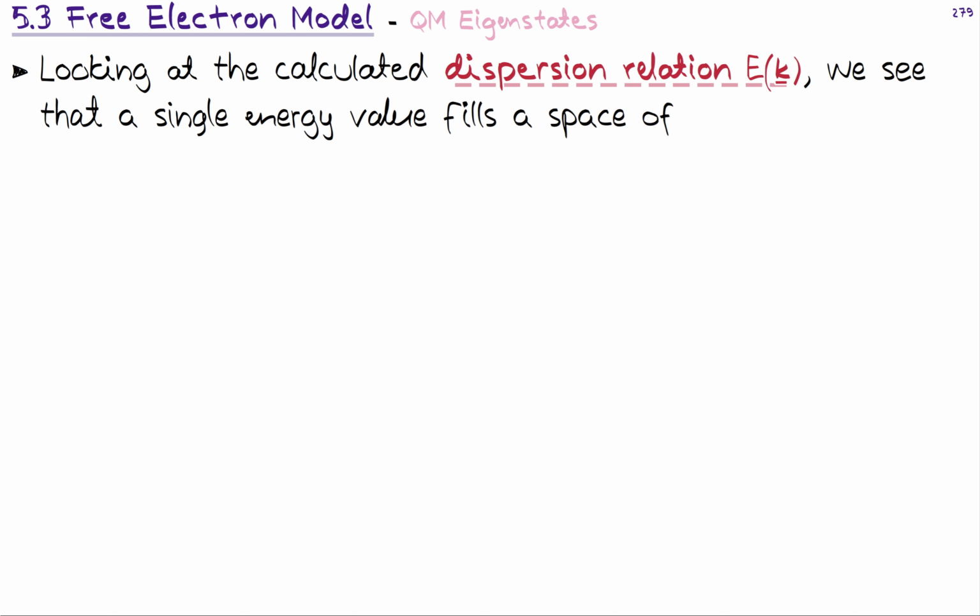Every energy value is equally close to each other here, so each of these energy values fills a space of h bar squared divided by 2 times me times 2 pi over L squared.